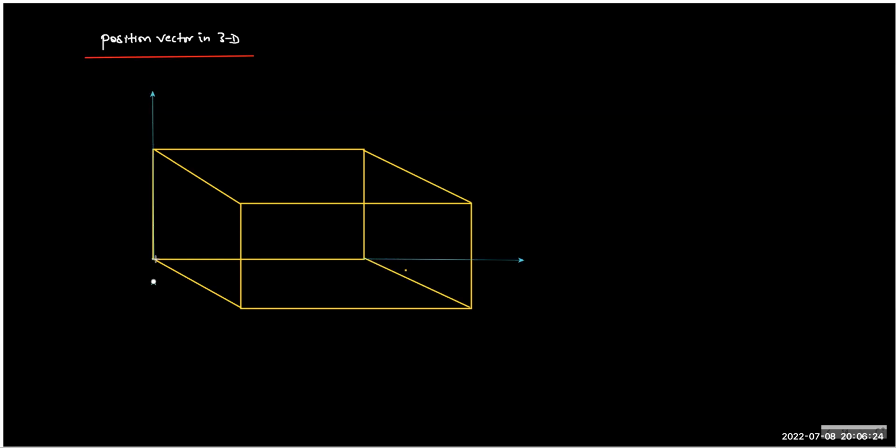And now this is the z-axis. Okay. So we have 3 axes, x, y, and z axis, as you can see.